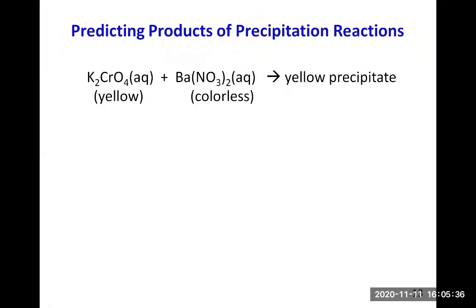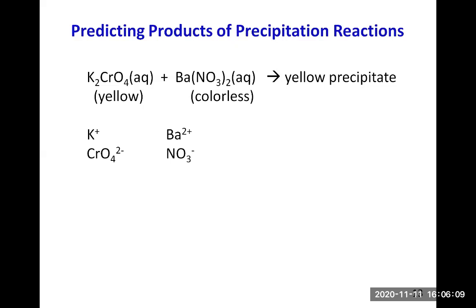If you remember, we had seen a yellow, clear solution being mixed with a colorless, clear solution, and we saw a yellow precipitate forming. When you look at what's going on in the solutions, instead of K2CrO4 units, we have K+ ions and the chromate ions, CrO4 2-.